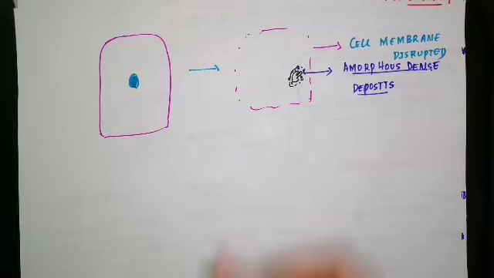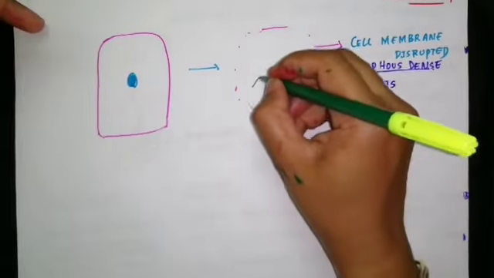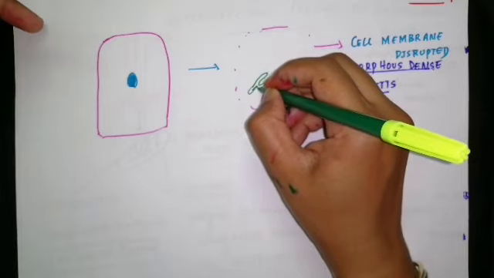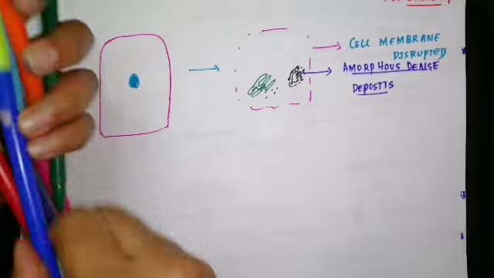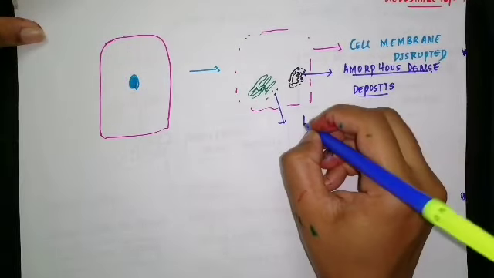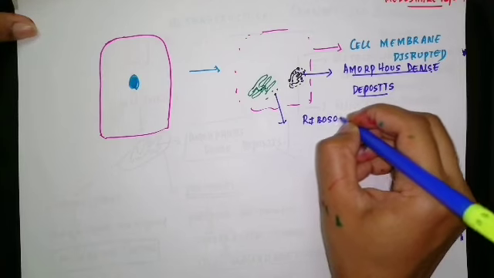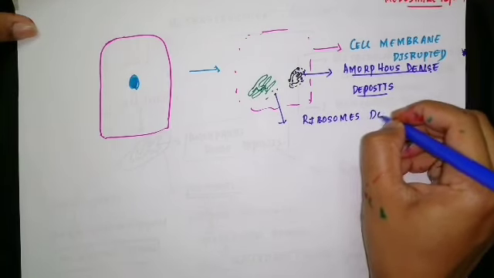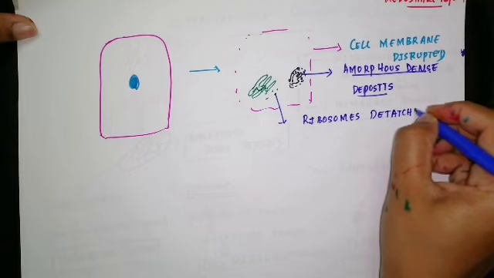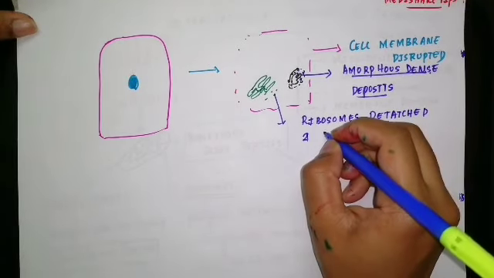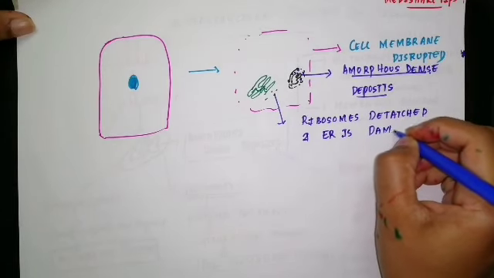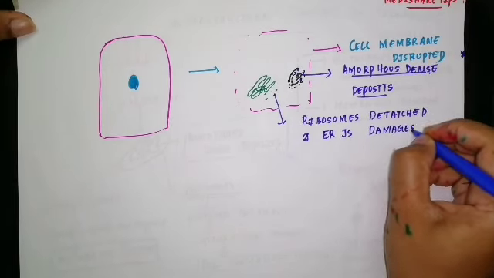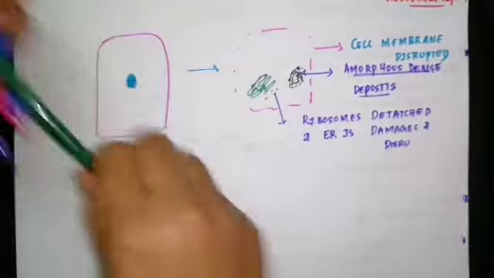Then what happens to the other organelles? The ribosomes are detached from the rough endoplasmic reticulum, and the endoplasmic reticulum is also damaged and disrupted. The structure is again lost.